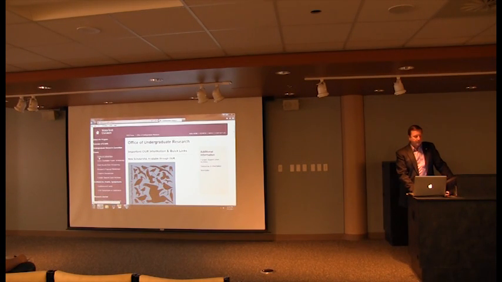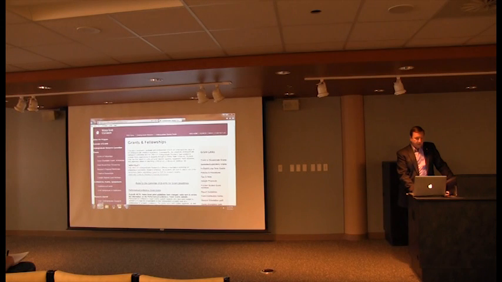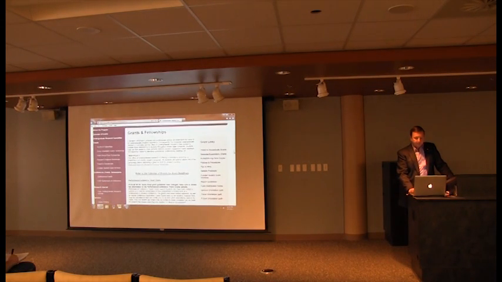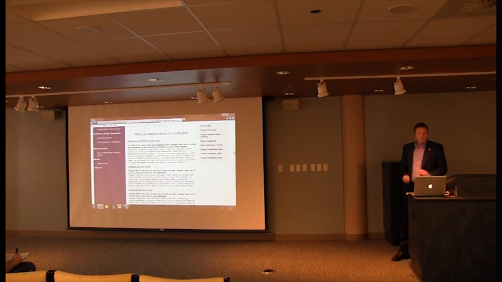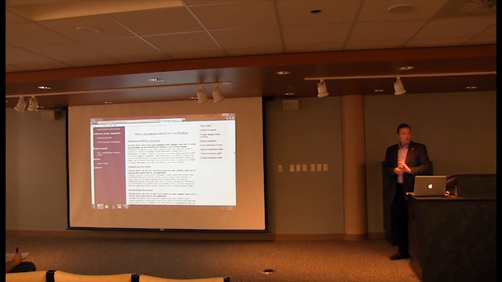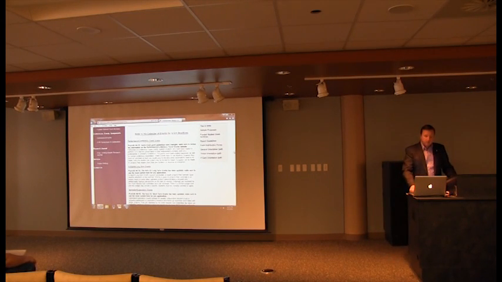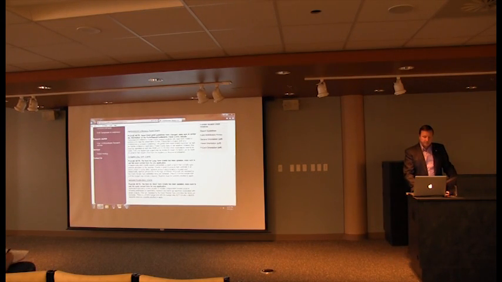We have our grants and fellowship page that links to the page that describes the different grants that are available. This first one here is the Performance Conference Travel Grant, the dissemination grant, and then we go on to describe those other two that I just mentioned, the semester and the long term.